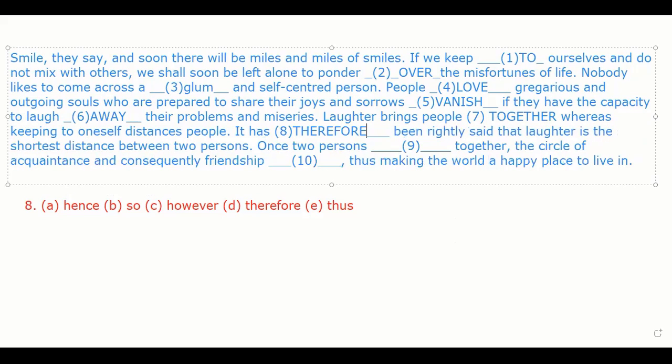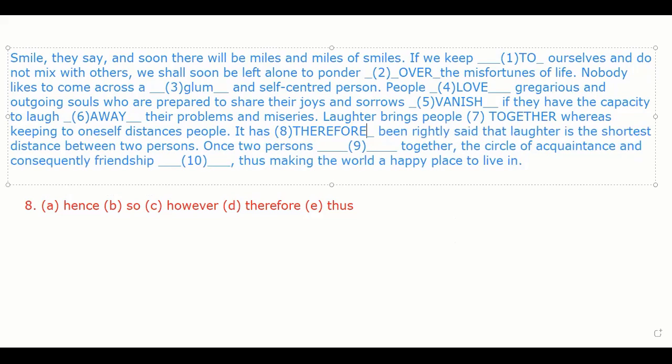Moksha, is saying something? Yes, Moksha, give your views now. Why should we use "therefore" and not "however" or "hence"? It has therefore been rightly said that laughter is the shortest.